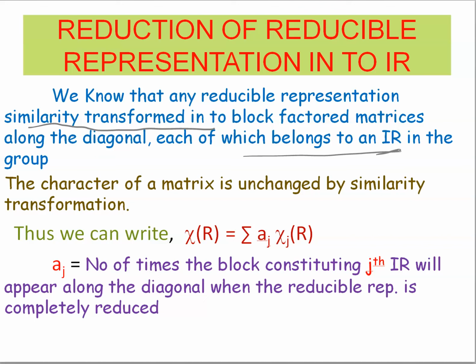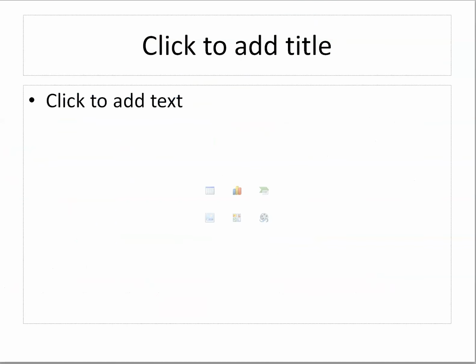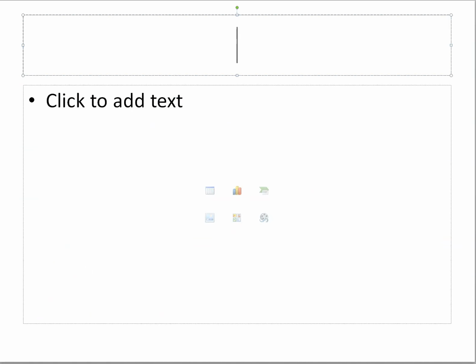You have to know that the character of a matrix is unchanged by similarity transformation. During similarity transformation, character cannot change. For example, I will show you. Suppose A is a reducible representation, and by a suitable similarity transformation, it is block factored diagonally into another matrix.